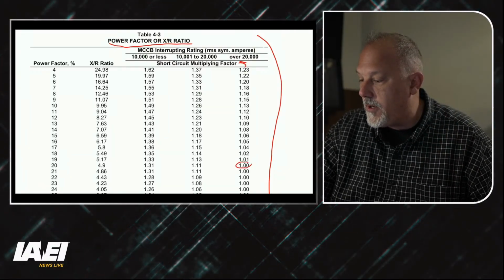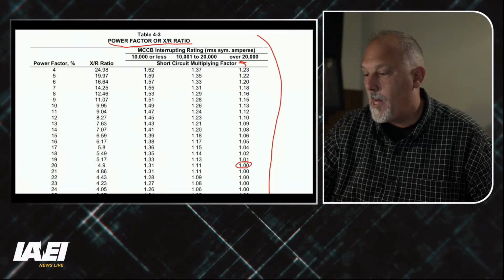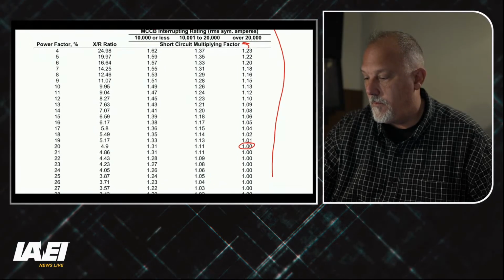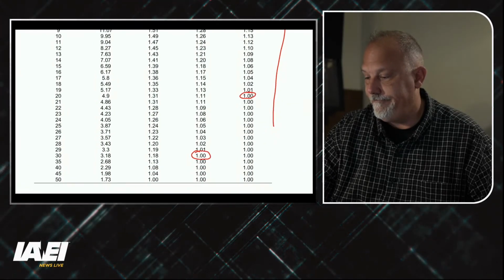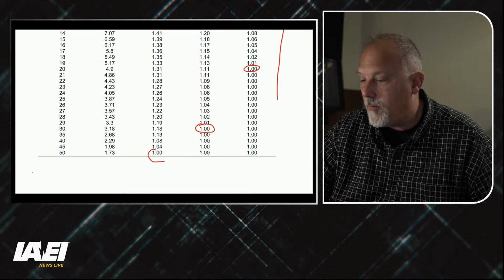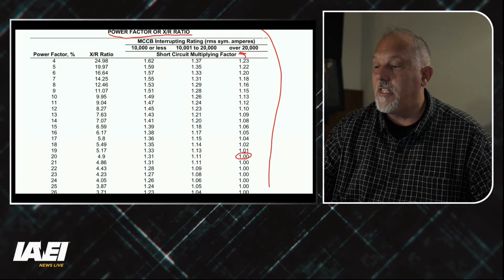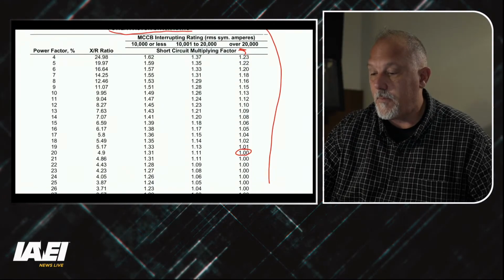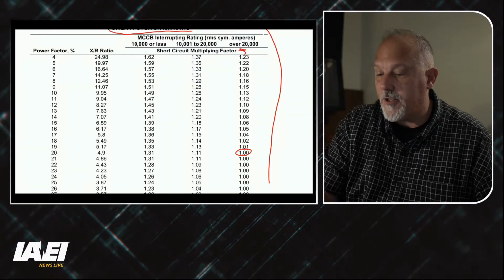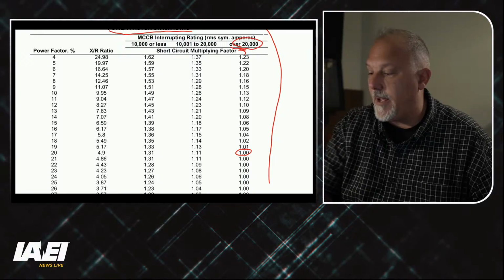Here is 1.0, here is 1.0, and here is 1.0. So this is the short circuit multiplying factor. This row is for over 20,000 amps.